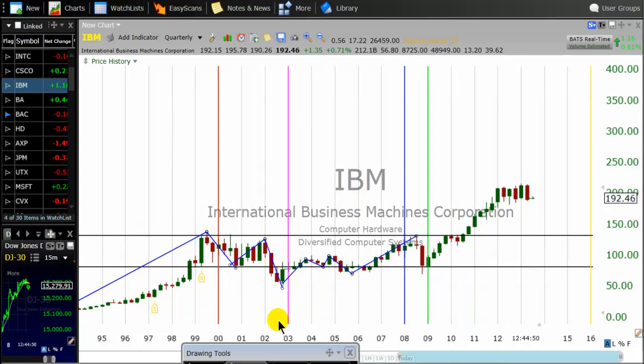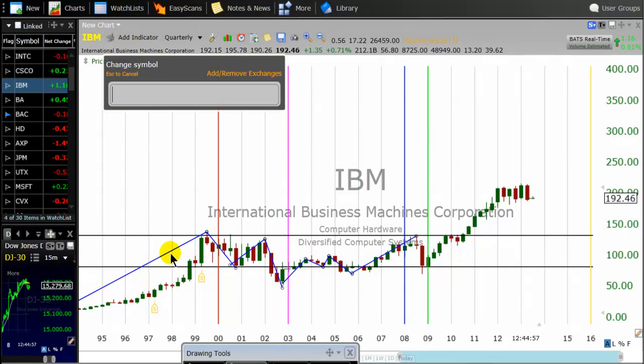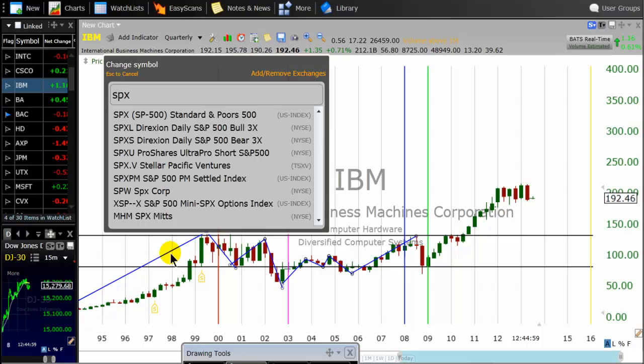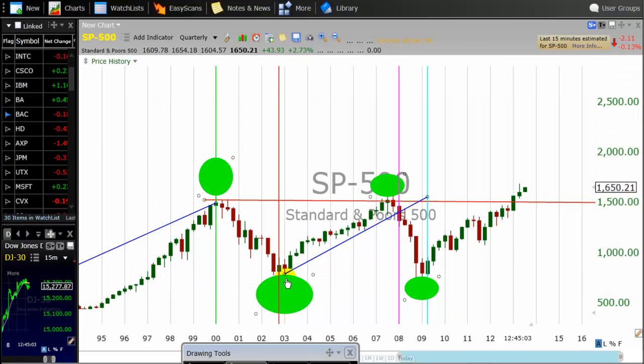You can see it start going up before the beginning of 2003, betraying what is likely to take place with the market itself, because this is a leading market indicator. So from this point, this quarter here, IBM started going up already. It went up in 3 moves, telling us, watch it guys, this market itself is likely to change direction at this point, because a new cycle is about to begin.